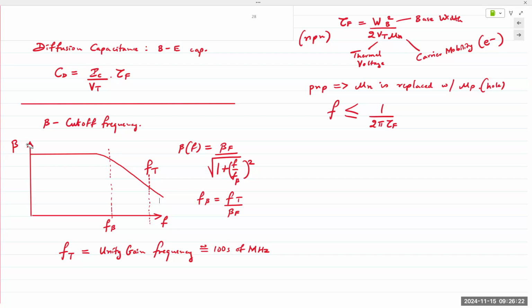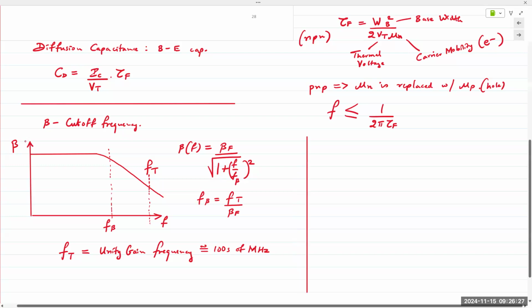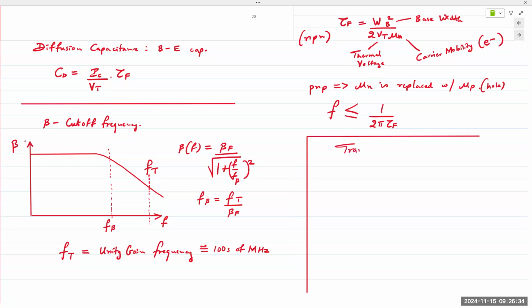And then one last parameter is transconductance. Transconductance gm is the ratio of the output current to the input voltage. Conductance, of course, is the inverse of resistance, so it's current over voltage. Trans in this term means it's a transfer characteristic.